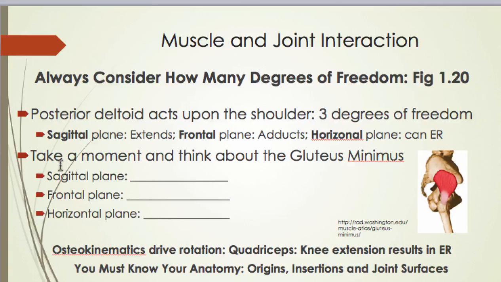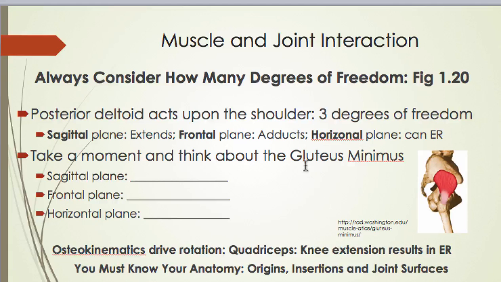In the sagittal plane, it extends the shoulder. If we look at the person from the side and ask them to go into a shoulder extension, they use the posterior deltoid. That's its primary movement. However, in the frontal plane, in picture A in figure 1.2, we get an adduction of the humerus towards the scapula.